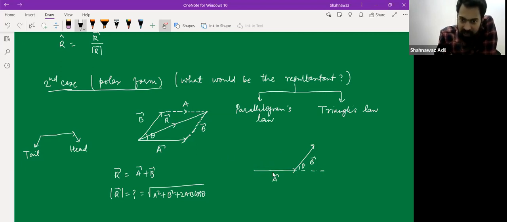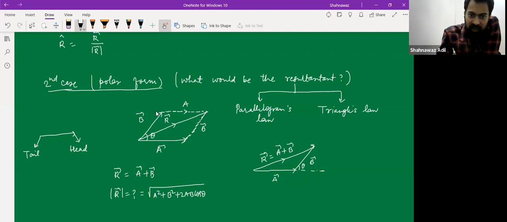The line joining the tail and head of the other vector would be the resultant. This is called the triangle law, because you see a triangle is formed. In the other case, a parallelogram was formed. The result is the same, whichever idea you apply.